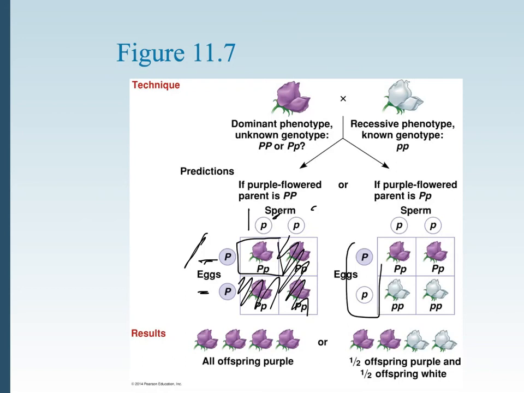If this is the unknown, we don't really need to do this side of the Punnett square, because we're going to end up with a 1-to-1 ratio, which is exactly what the outcome would be. So, back to figuring out how the gametes are being formed: if that's your genotype, half of your gametes are going to have this one, and half will have that one. Use that information to help you be smart about your Punnett squares.